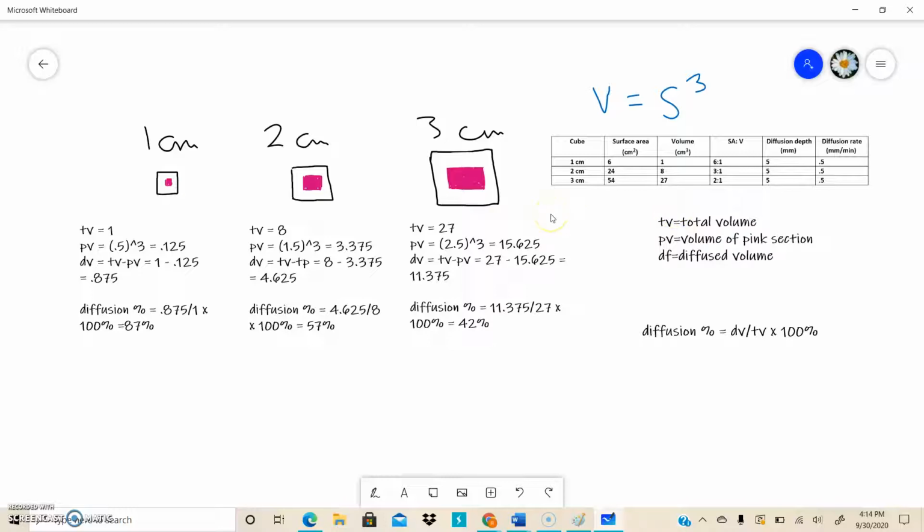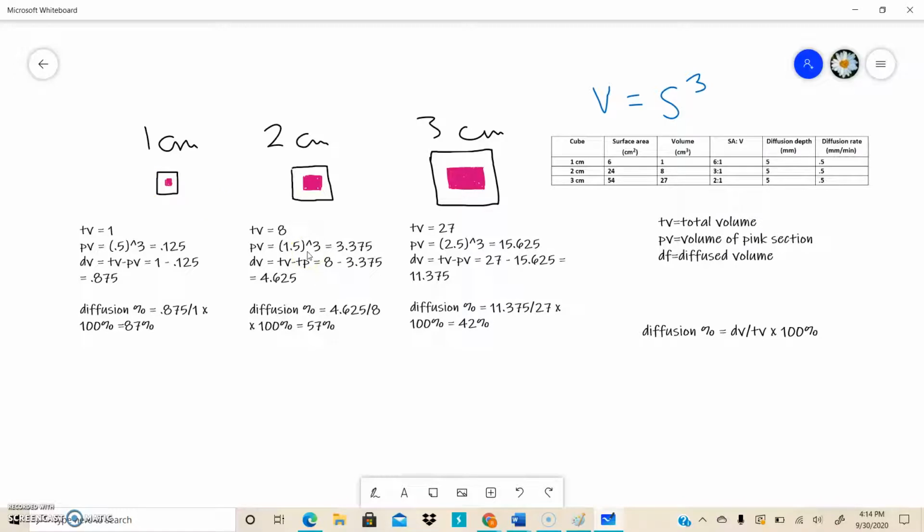I'm then going to find the volume of the pink section in each of the cubes. So that's my PV, volume of pink section. By doing that, I am going to then use that volume to subtract from the total volume to get the diffused volume. Again, PV is for pink volume, which you are finding by finding the volume of the pink sections that are left in here.